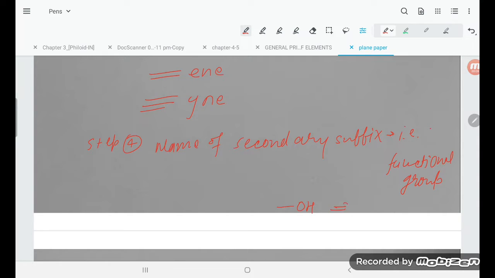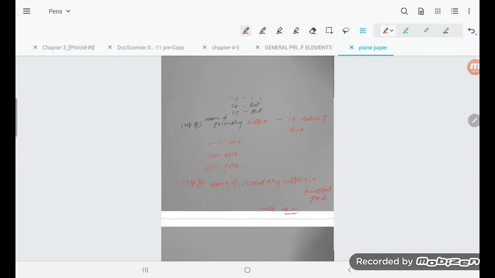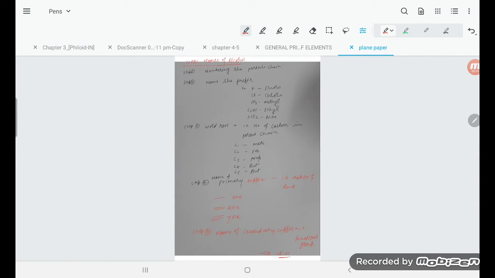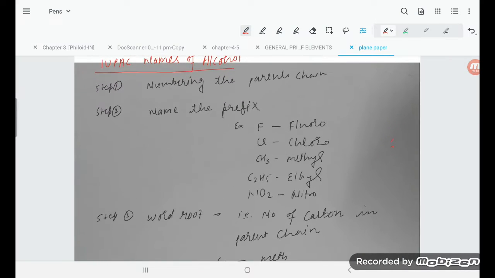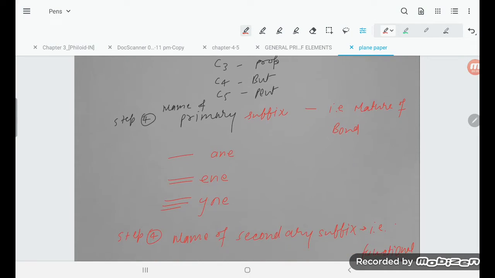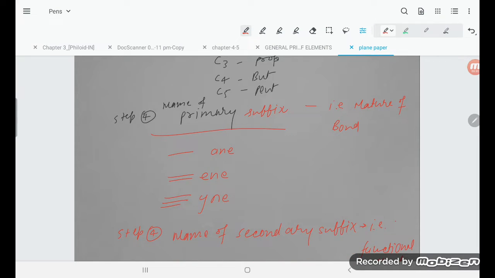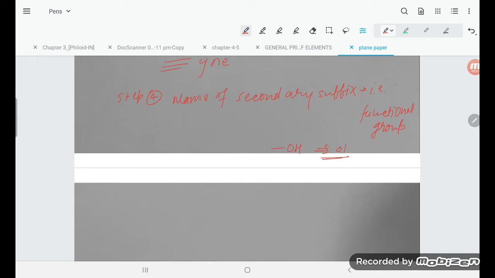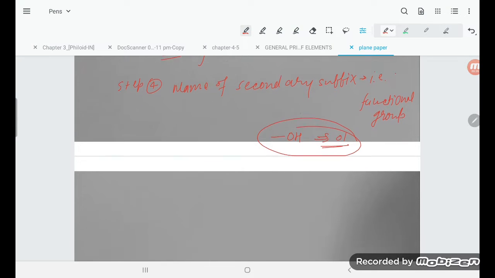OH, and for that we use ol. So these are the total 5 steps. Step 1, number the parent chain; select the longest chain. Then write the prefix, if there is any. Then the word root: how many carbons are there in the parent chain. Primary suffix: check the nature of the bond between carbon and carbon. And the secondary suffix, that is ol, we are going to use.